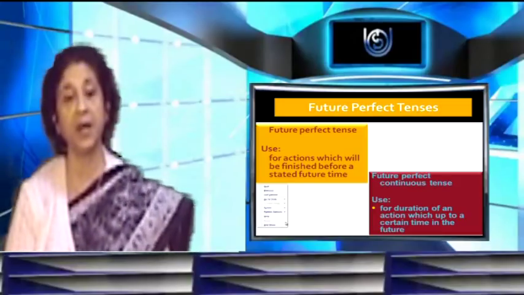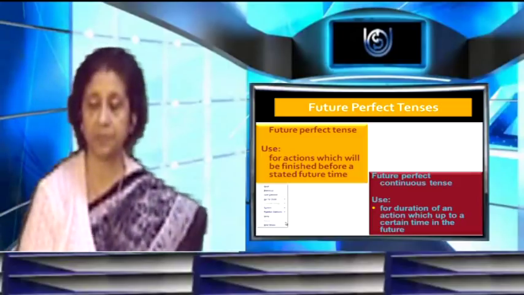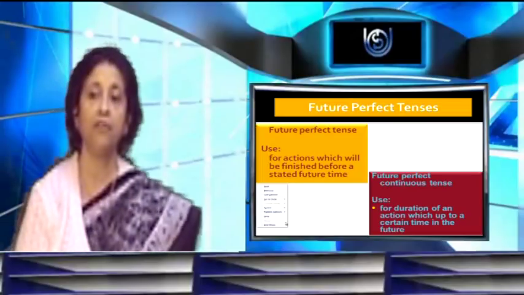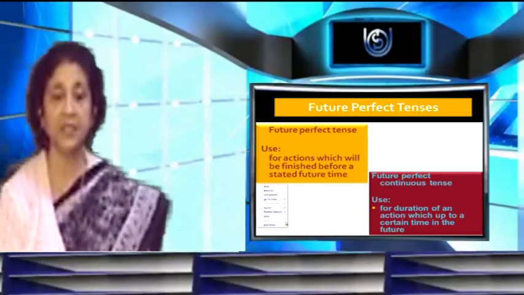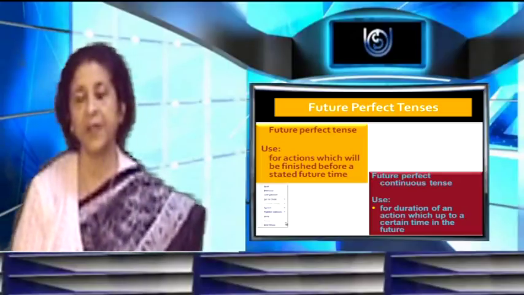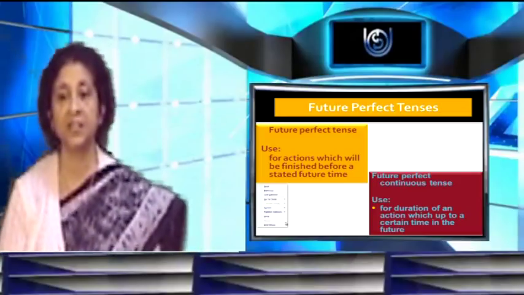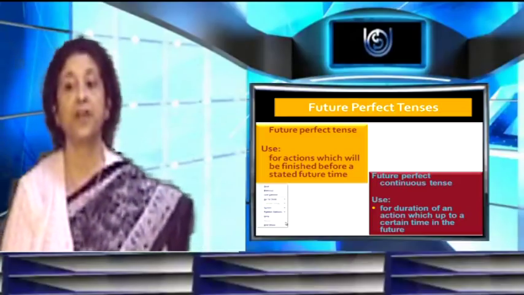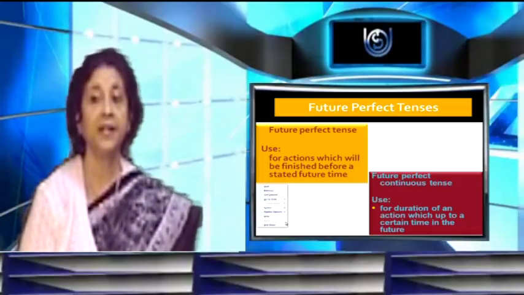As in the past perfect continuous tense and present perfect continuous tense, same rules are there for future perfect continuous tense also. Two kinds of timings are there, definite and indefinite, and then it becomes future perfect continuous tense. Now see the example. We will have finished the report by Friday. So this is the example of future perfect tense.